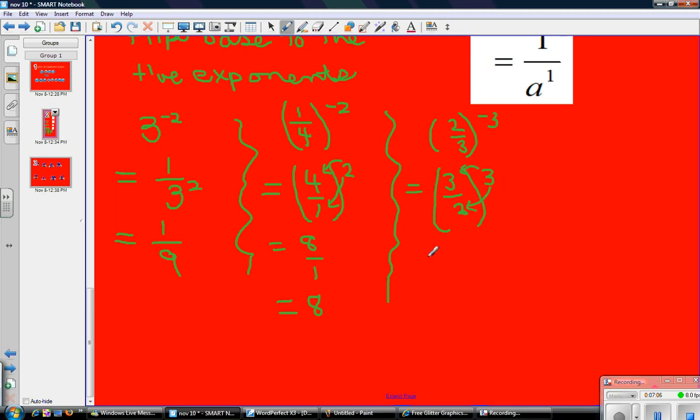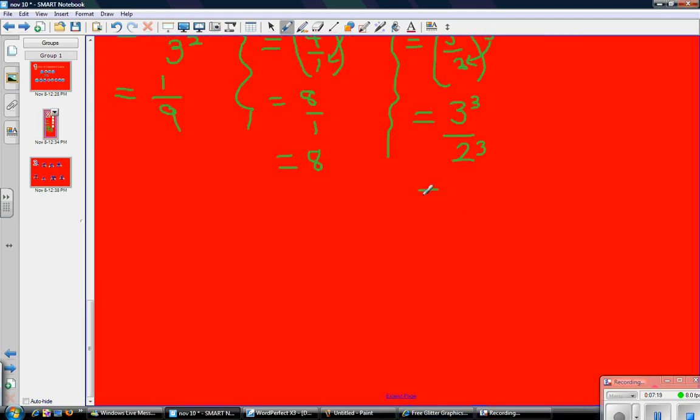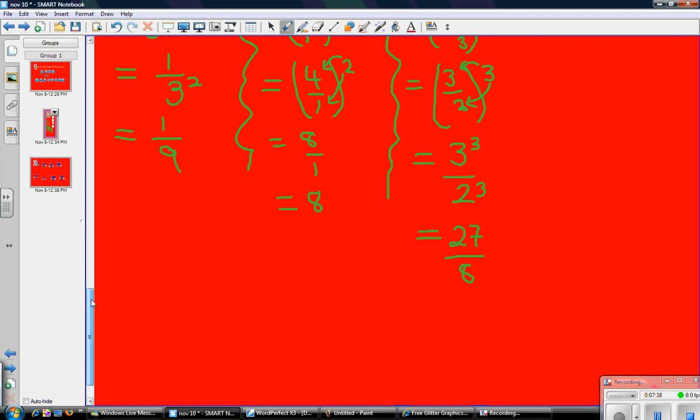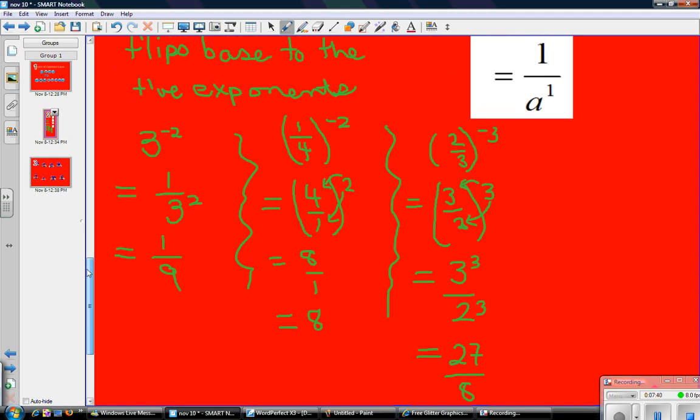So really what I have is 3 to the power of 3 over 2 to the power of 3. And you can use your calculator at this point, not to change it to a decimal, keep it as a fraction. So 3 to the power of 3, that's 3 times 3 times 3, or your calculator will tell you it's 27. And 2 cubed would be 2 times 2 times 2, which would give me an 8. Okay, so that's taking a look at the negative exponent.